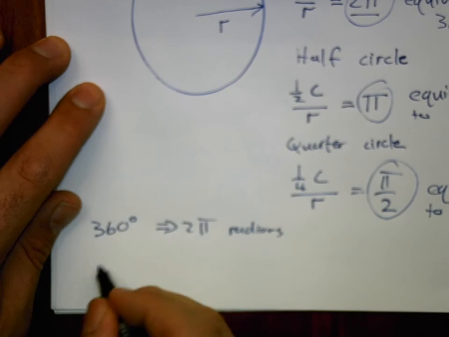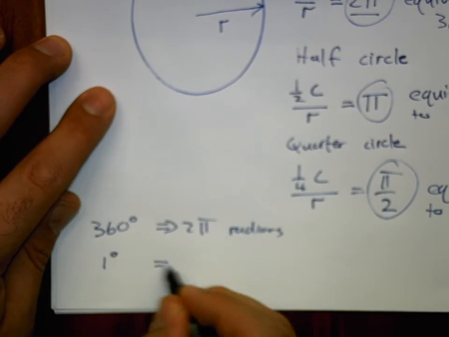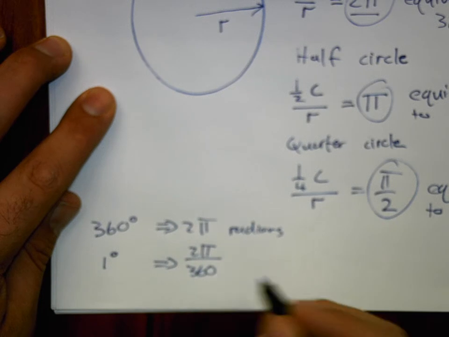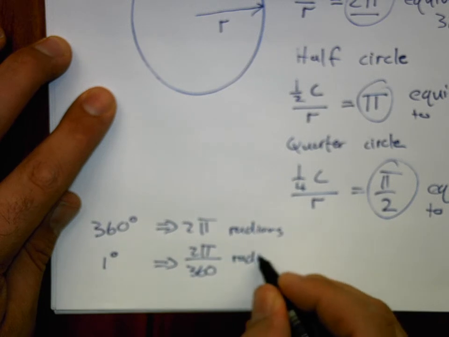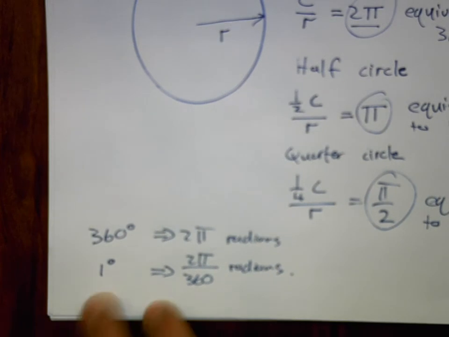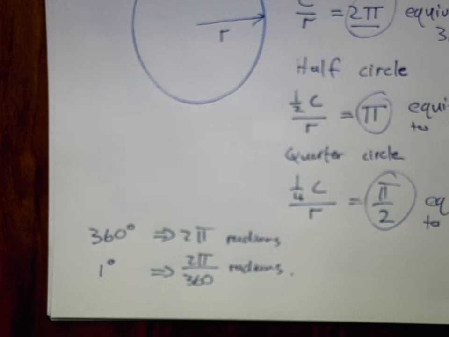So we can say 1 degree must therefore be equivalent to 2 pi divided by 360 radians. So if you know an angle in degrees, you can convert it to radians by just taking 2 pi divided by 360. That gives you the radian equivalent of 1 degree. If you then multiply that by the right number, you can get the total number of degrees.